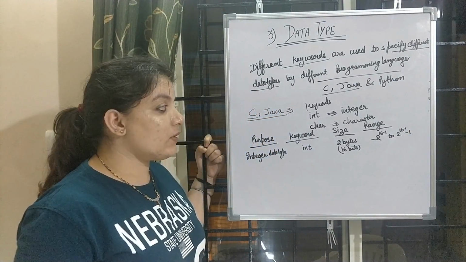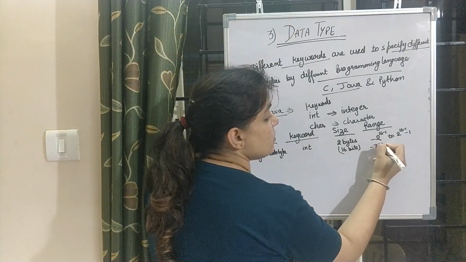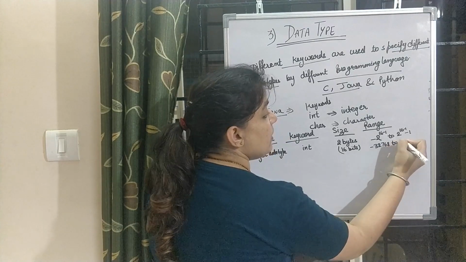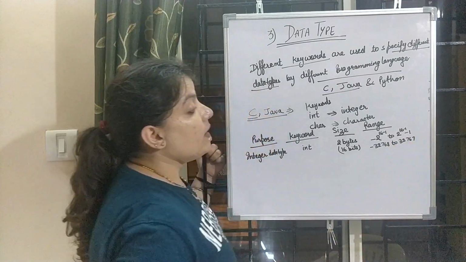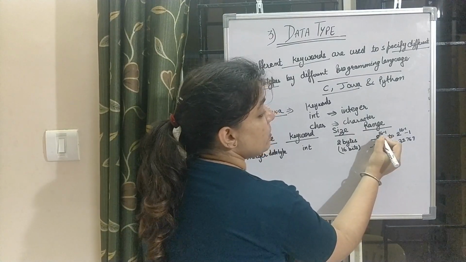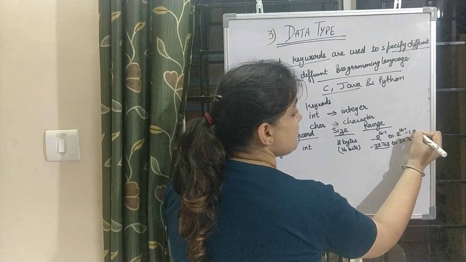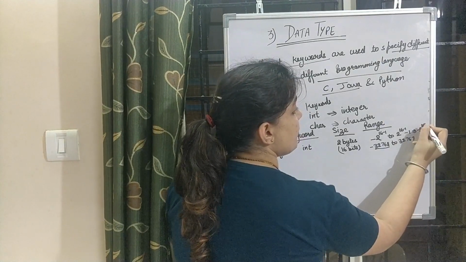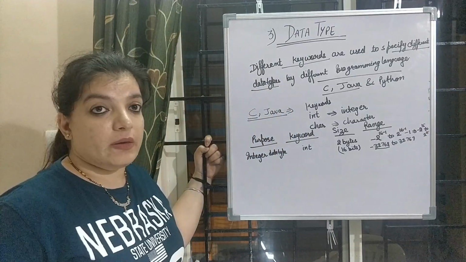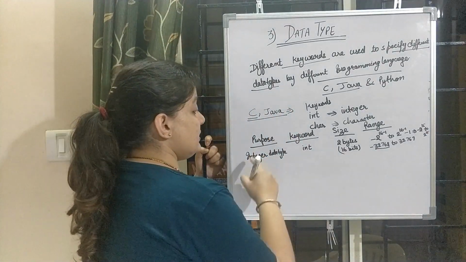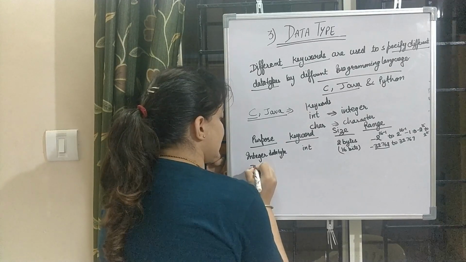So you can learn easily: if you write here minus 32768, we can also write 32767. This is equal to minus 2 raised to power 15 to 2 raised to power 15 minus 1. Now the second data type is decimal data type.